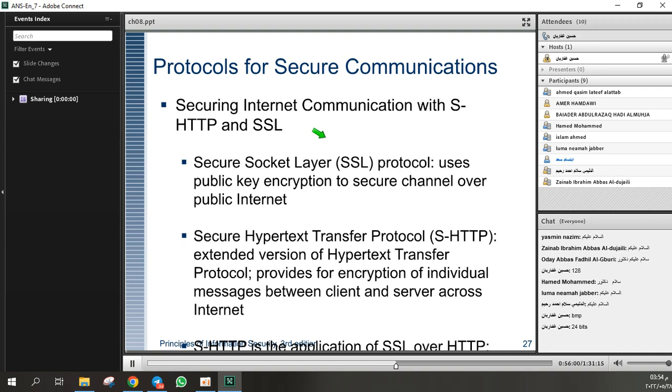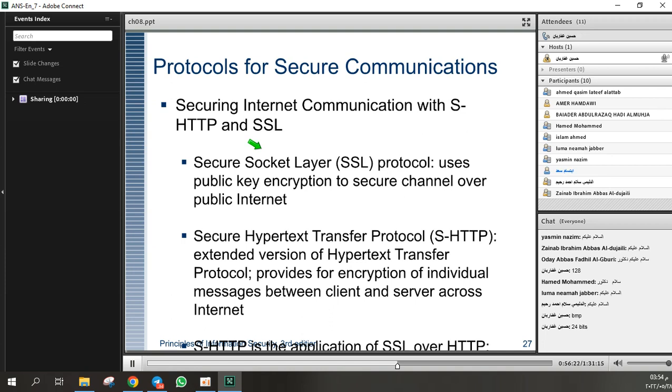To secure HTTP, we have to use the SSL protocol, Secure Socket Layer protocol. It's a secure protocol running over TCP on layer 4. SSL is somewhere between layer 4 and layer 5.